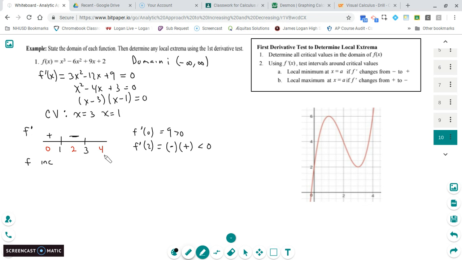And then at x equals 4, I test the first derivative. So f prime of 4, and 4 minus 3 is a positive. And then plugging into this, 4 minus 1, that's also a positive. So now my first derivative is positive when x is equal to 4.